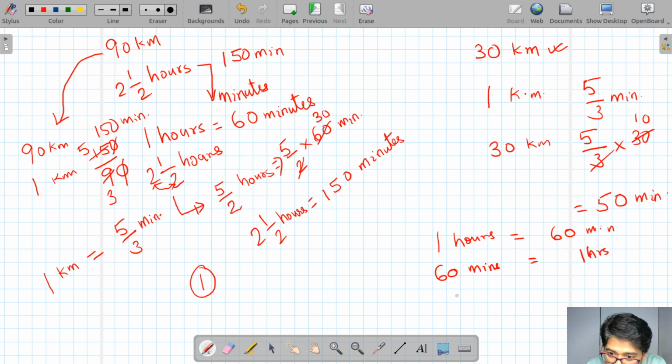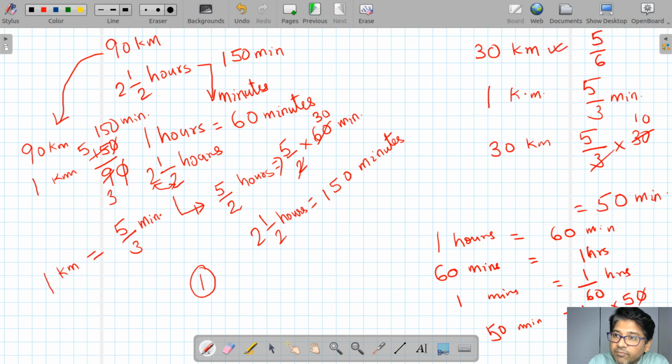Now 1 minute equals how many hours? 1 by 60 hours. That's easy. So 50 minutes, how many hours? You can see I used the unitary method so many times, and you can cross out. So in the answer, 30 kilometers can be traveled in 5 by 6 hours.